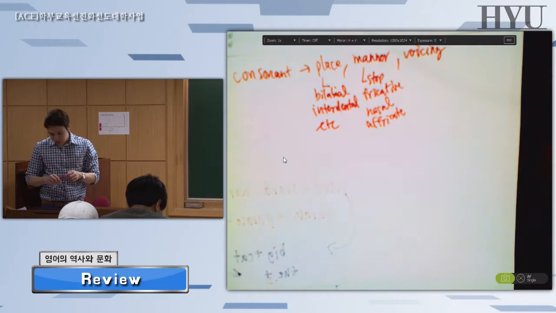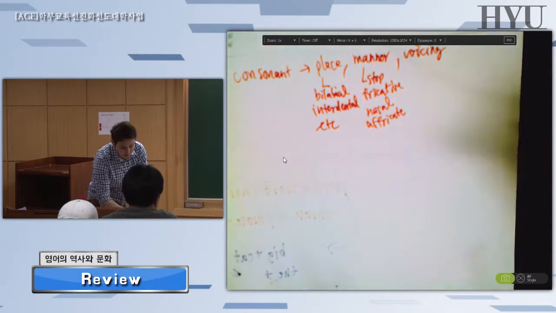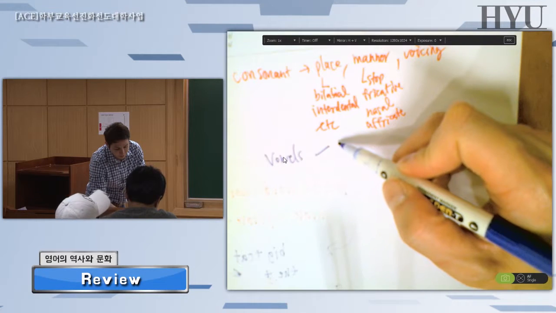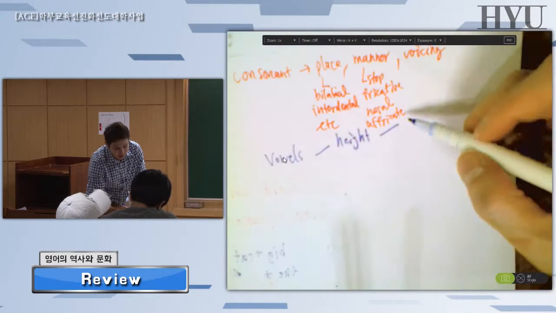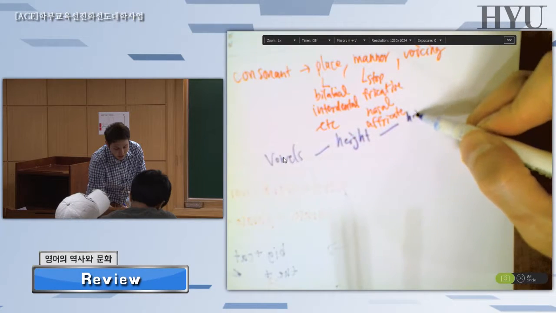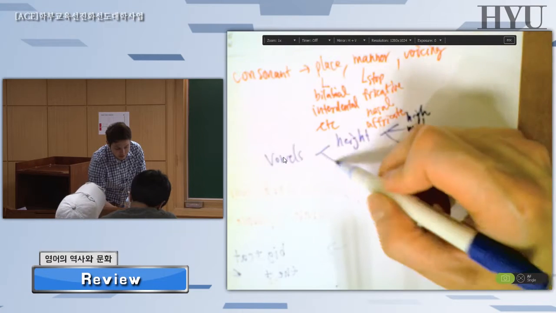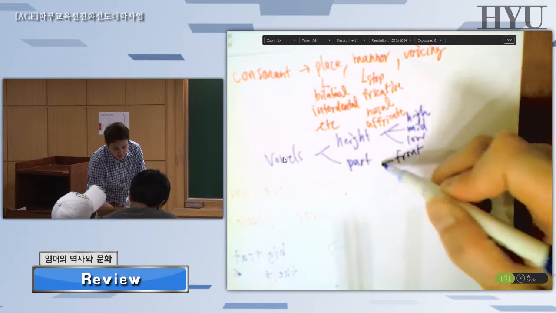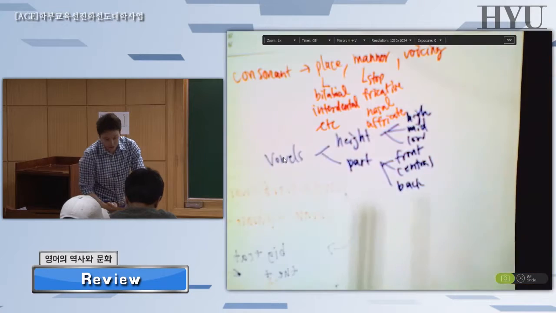And what else? For vowels, let me use this color. So for vowels, you need the height of the tongue, meaning high, mid, low. And the part of the tongue, front, central, and back, right?